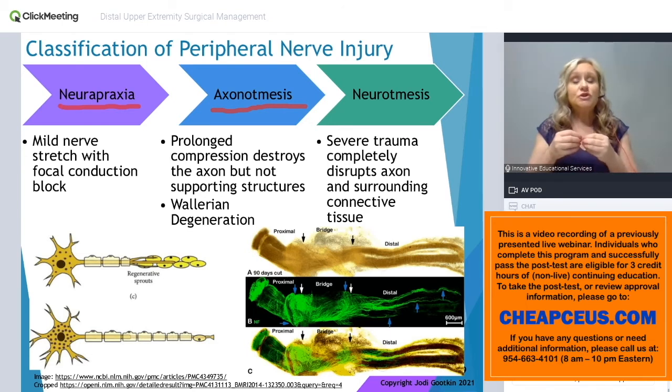So not only stretching those nerve fibers, that connective tissue and vascular supply becomes overstretched. That can cause damage, and then it goes through the Wallerian degeneration process in order to heal. And then the most severe trauma is where there is a complete transection with disruption of the nerve fibers as well as that connective tissue and vasculature. That's the patient who requires surgery.